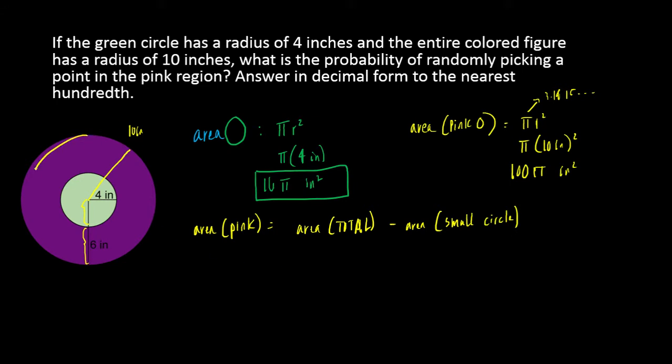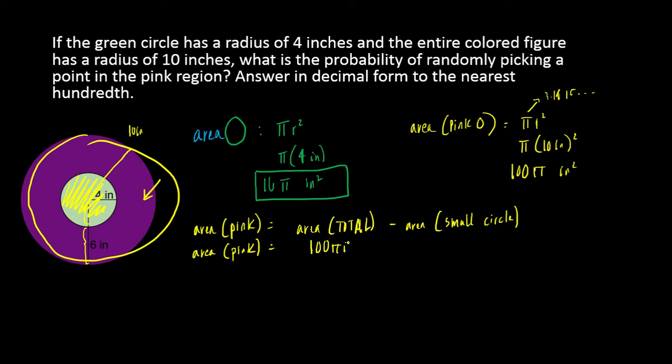So I have the area of this whole figure, and I'm just subtracting out this part to figure out the area that I have in pink. So my area in pink is again the area of the total, so 100 pi inches squared minus that area of the small circle, 16 pi inches squared. So the area of my pink circle is 84 pi inches squared.